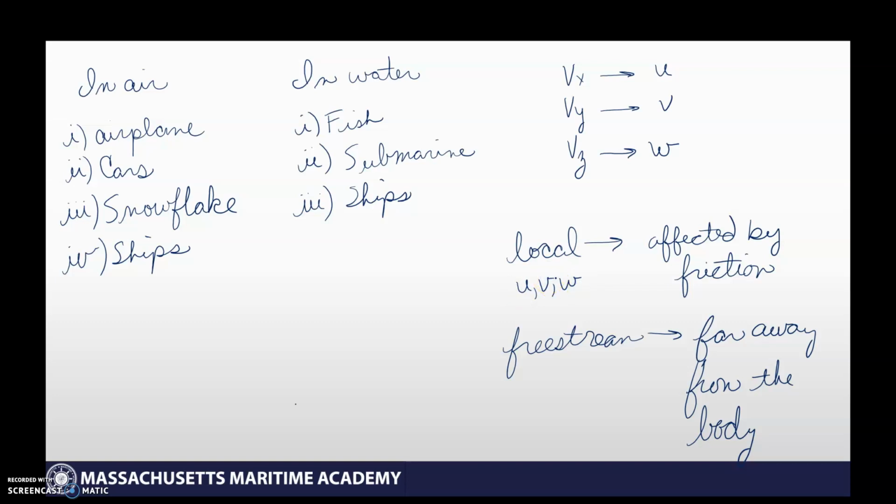We'll try to remember to put the tails on the v and the w to help distinguish them. Free stream velocities will be capital: capital U, capital V, capital W. And I will try to remember to put the little bars at the top to distinguish between capital and lowercase, because it is a very important distinction between the two.